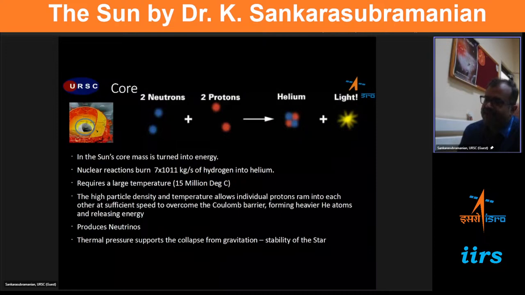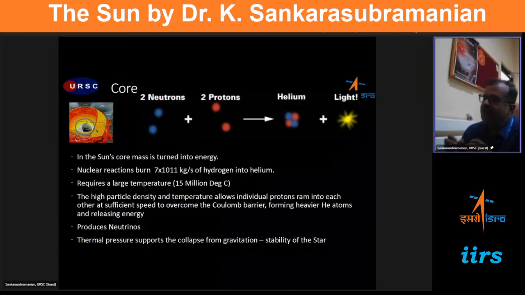This is a good exercise which many of your physics students can work out. How much energy is needed to fuse two hydrogen? That means if I have to bring 2 protons together to fuse them, I have to overcome the electrostatic force between the protons.